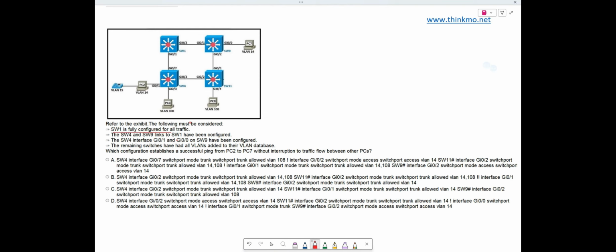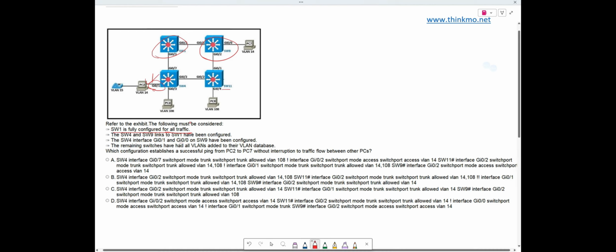Then the second one says, SW1. Which one is SW1? It's this one. The configuration and deployment for this device have already been completed. After the deployment was completed, SW4 and SW9 were also configured. That is, the 0/0 interface of SW4 was configured. Therefore, SW1 sees the 0/1 interface of SW4. The 0/1 interface, which is this access interface, has already been configured.